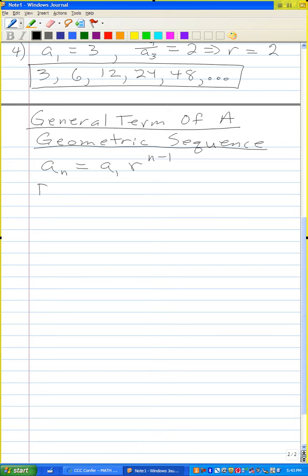So proof: let's use the principle of mathematical induction to prove this. Let me look at the initial case. a sub 1 r to the 1 minus 1 is equal to a1 r to the 0.